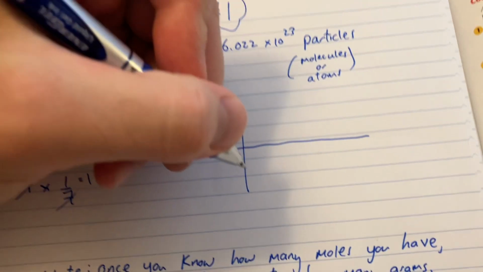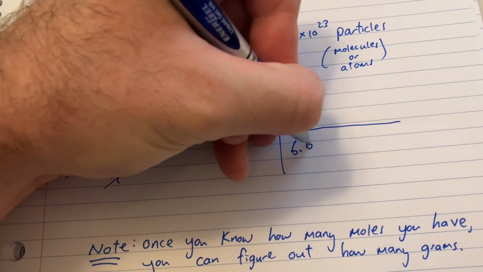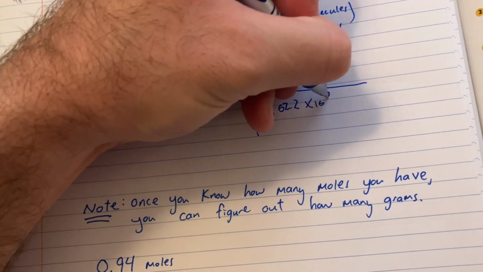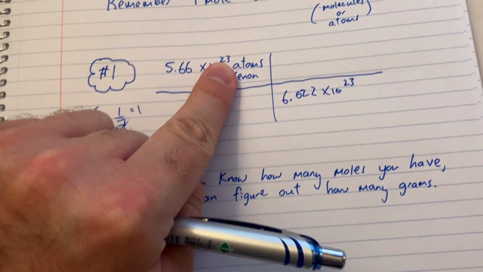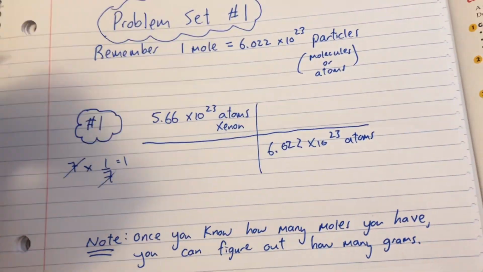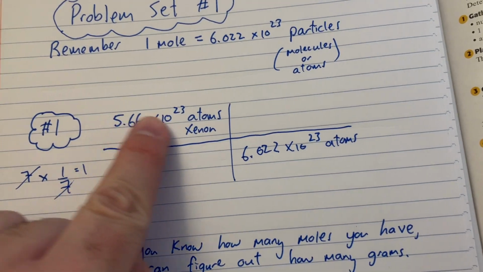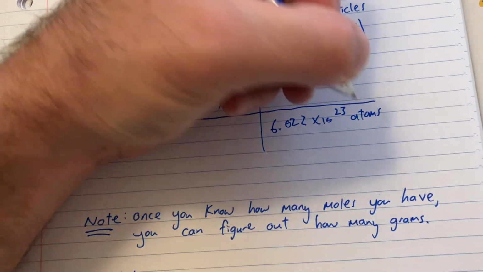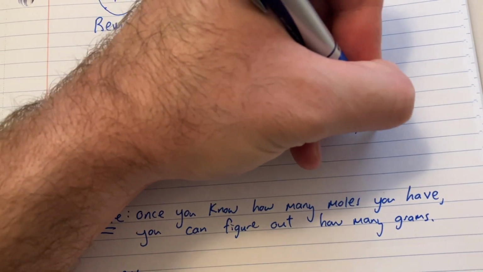So I'm gonna say, okay, that must mean there are 6.022 times 10 to the 23rd. And since they were talking about atoms, I'm going to put atoms right here. They could say atoms or particles or molecules. So I know that in 6.022 times 10 to the 23rd atoms of xenon there is 1 mole.